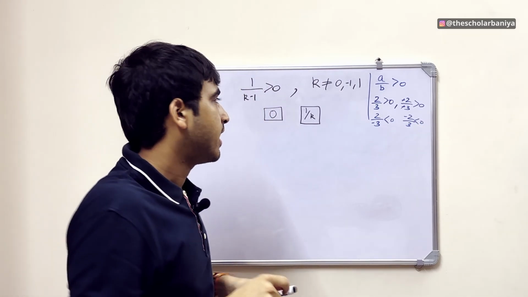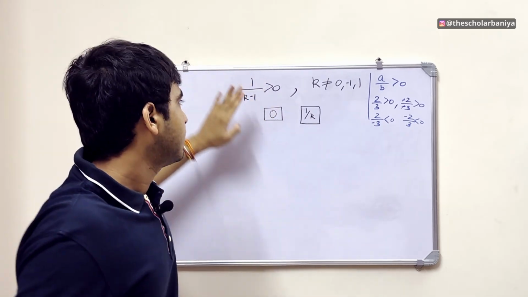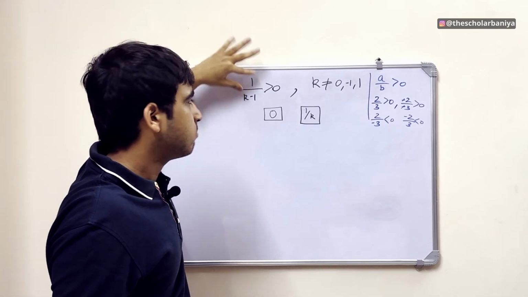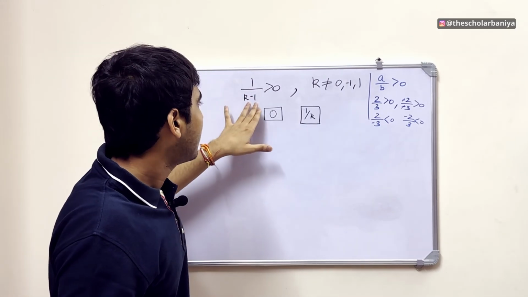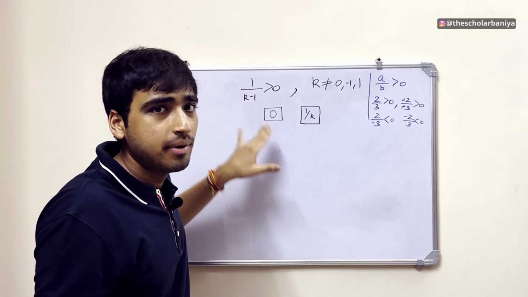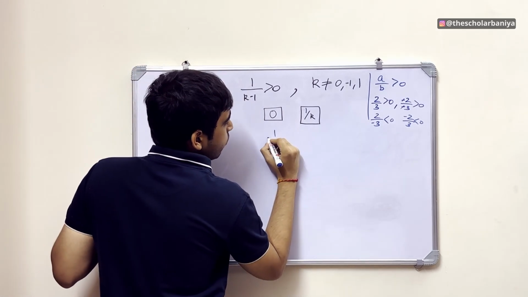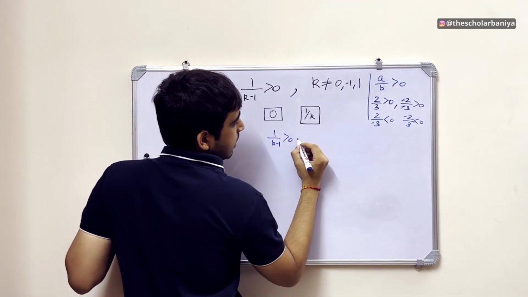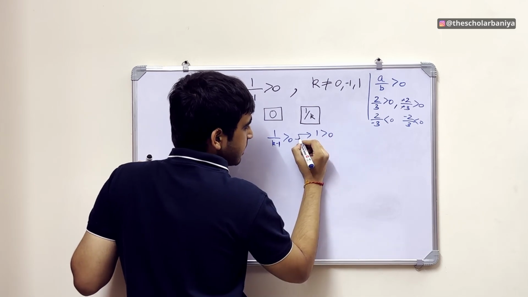So what I mean is that if you are given that some number is greater than 0, that means the numerator will be greater than 0, which is obviously there because 1 is greater than 0. But at the same time, even the denominator will be greater than 0. So since 1 upon k minus 1 is greater than 0, that means 1 is greater than 0, definitely yes.